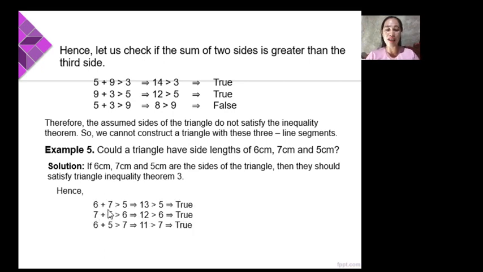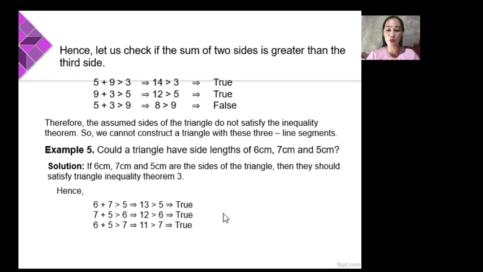If we add two sides of the triangle, 6 centimeters plus 7 centimeters, we have 13 centimeters, and it is greater than 5 centimeters. So true. If we add 7 centimeters and 5 centimeters, we have 12 centimeters, and it is greater than 6 centimeters.